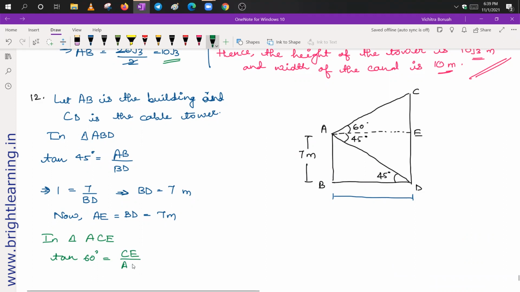Now tan 60 degrees is equal to root 3. CE we have to find, and AE we know is 7. So from here we got CE equal to 7 root 3 meters.